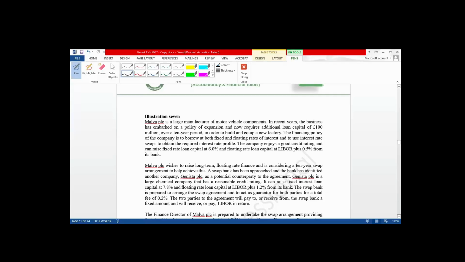Madva PSC is a large manufacturer of motor vehicle components.